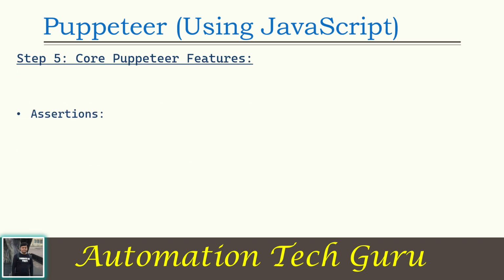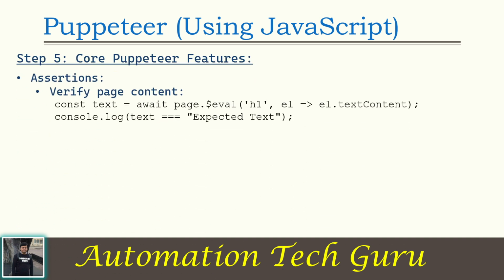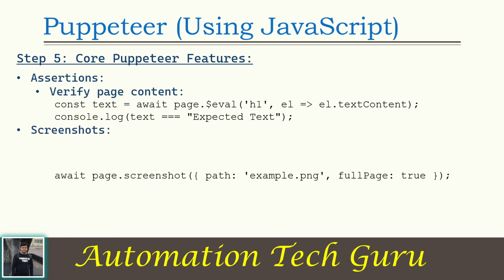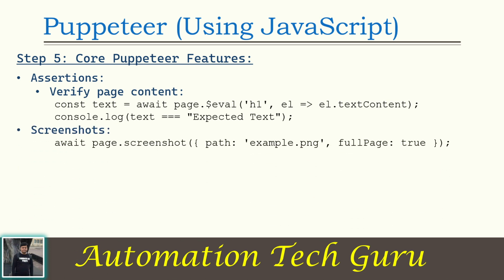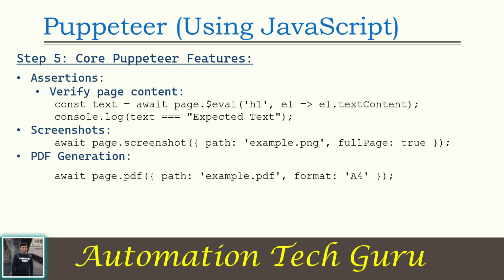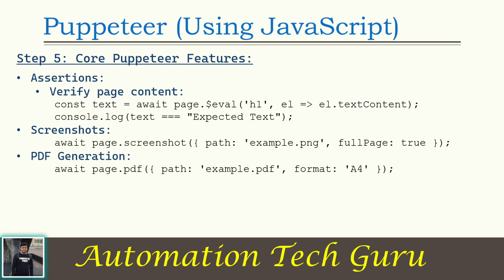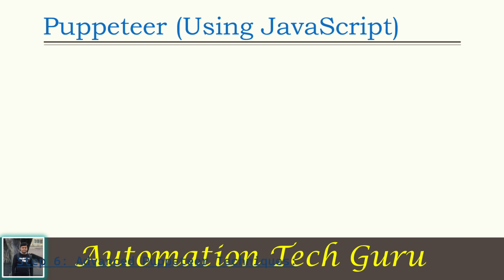Then assertion to verify page content: const text = await page.$eval('h1'), and compare textContent with the expected value. Then screenshot: await page.screenshot, giving the path, PNG and full page. PDF generation: you can use await page.pdf, which will generate the PDF.